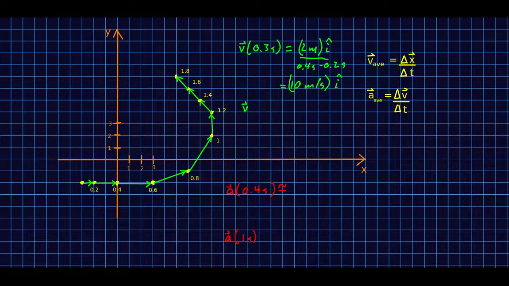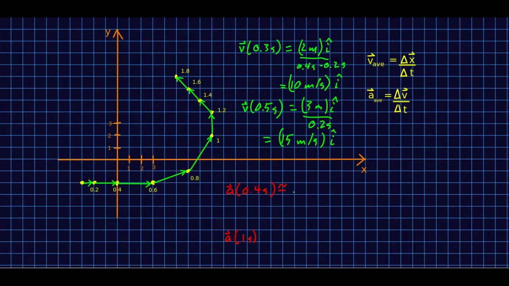And similarly, I can say v at 0.5 seconds is now from this displacement vector, so 3 meters in the positive x direction, over, again, 0.2 seconds. And so that's going to be 15 meters per second in the positive x direction.